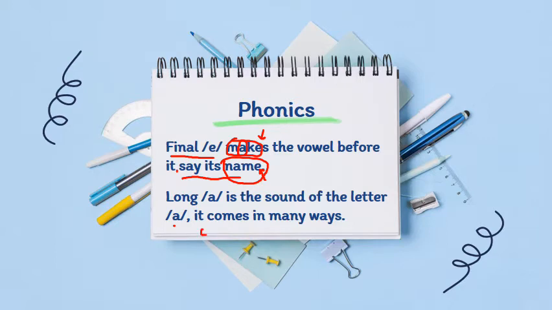If you still remember, sometimes I have AI as in rain, I have AY as in way, I have EY as in they or obey. I also have A, then final E, as we said in the previous lesson about the final E.